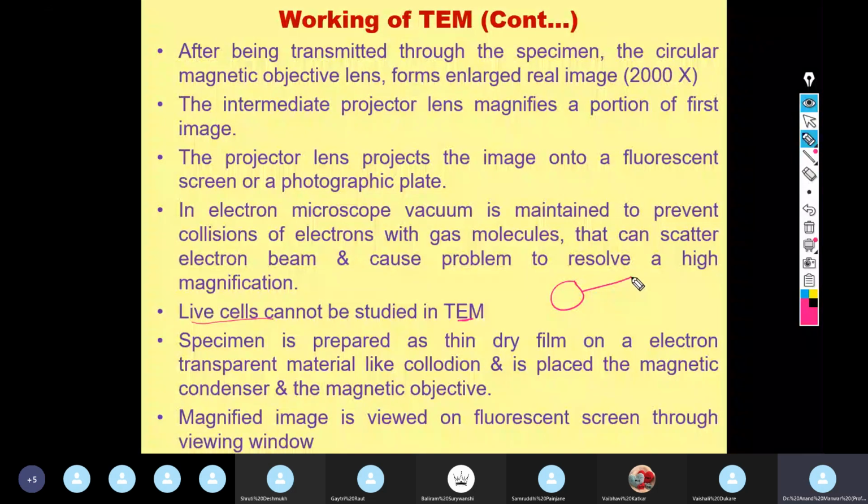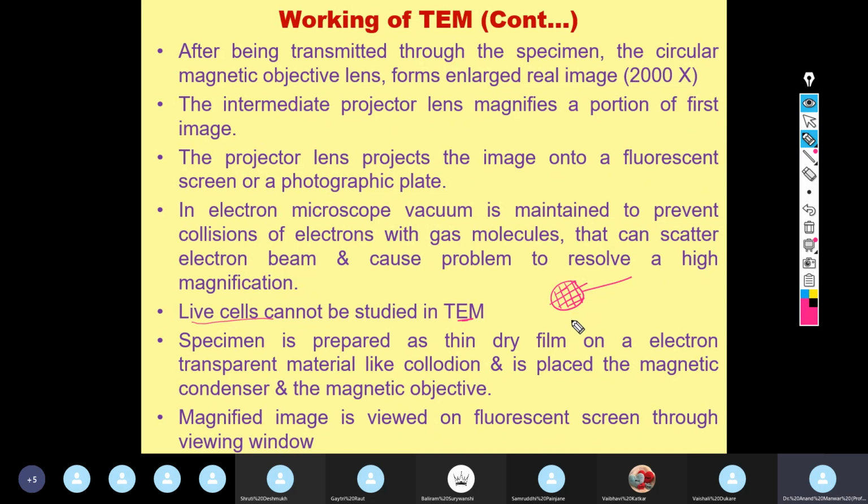The specimen holder is like a racket. On this mesh you are supposed to place your specimen, and this material has to be electron transparent. The mesh is made up of electron transparent material like collodion and so forth.